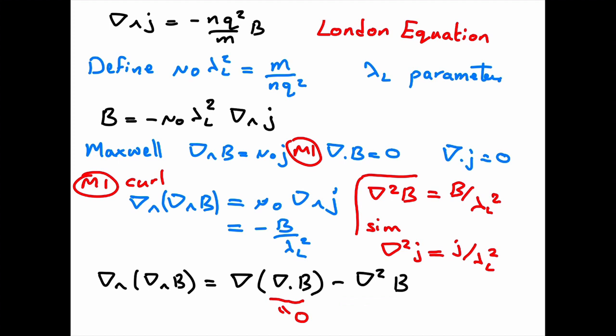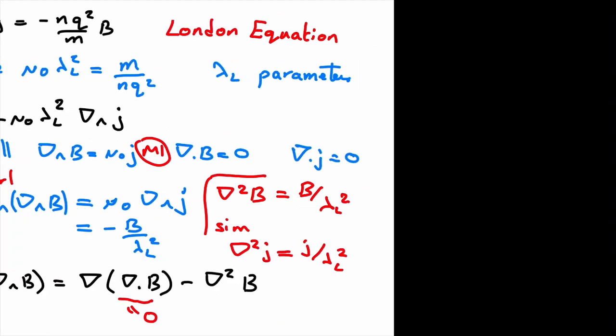So why does this help us with the Meissner effect? Let's just recap. Let's focus on the B part of this equation. So del squared B is equal to B over lambda L squared. We'll call this equation 1. Now, we're going to have a fairly big bit of superconductor. We're going to imagine that if there's a B field in it, it's uniform.